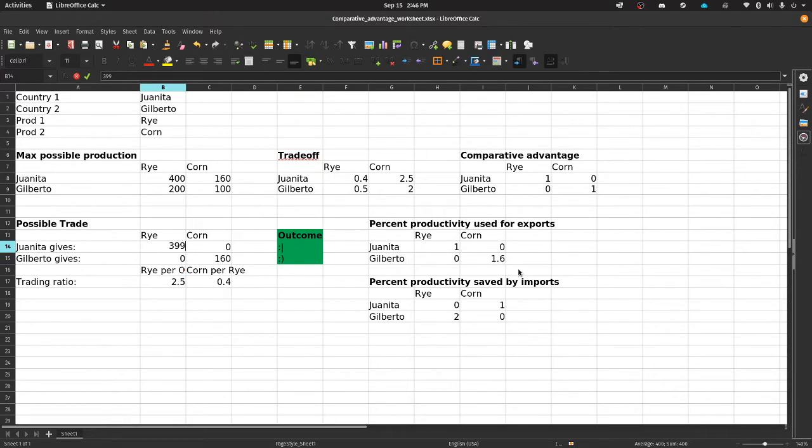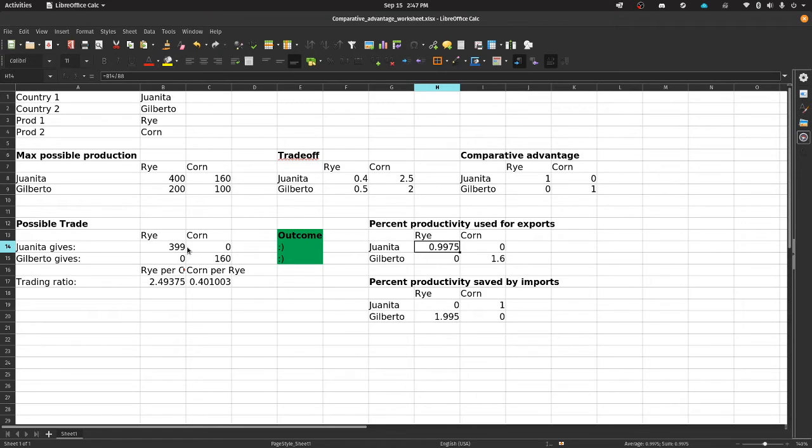So if we just sweeten the deal a little bit for Juanita, now she is going to be coming out ahead. She's getting a full day's productivity of corn from Gilberto, and in order to do it, all she has to do is 99.75% of a year's productivity. So she's going to get 1 bushel of rye basically for free out of this whole arrangement.